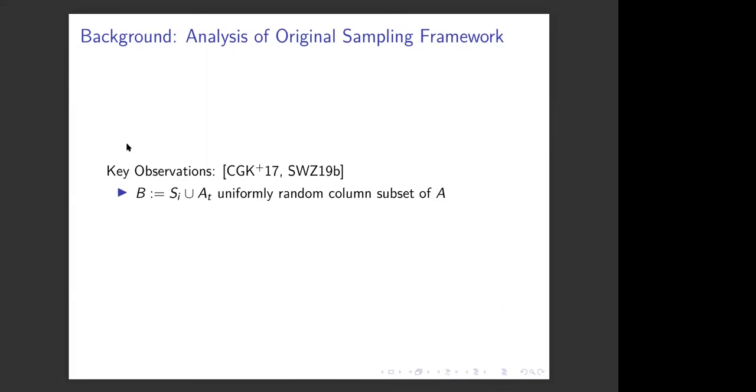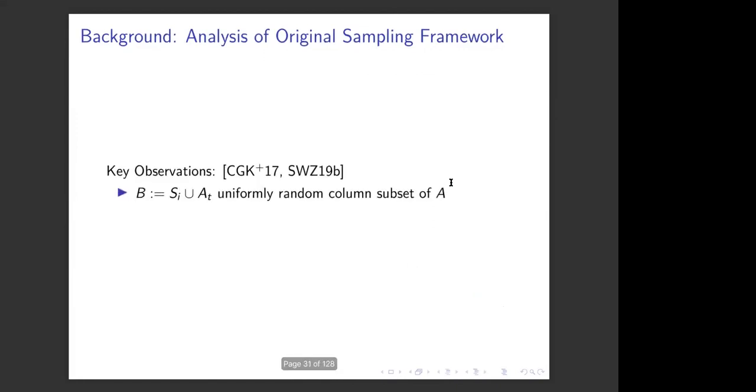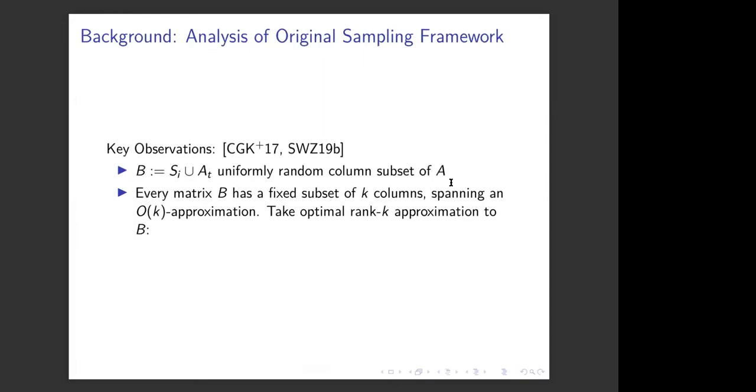So first, observe that the uniformly random subset S i together with another uniformly random column of A, so out of all the remaining columns, we just look at a uniformly random column, together they form a uniformly random subset of A. Now, how well is A sub t covered by the rest of the columns in this large uniformly random subset? So let B be the combined subset, then B has a subset of K columns spanning an O of K approximation to the optimum on B.